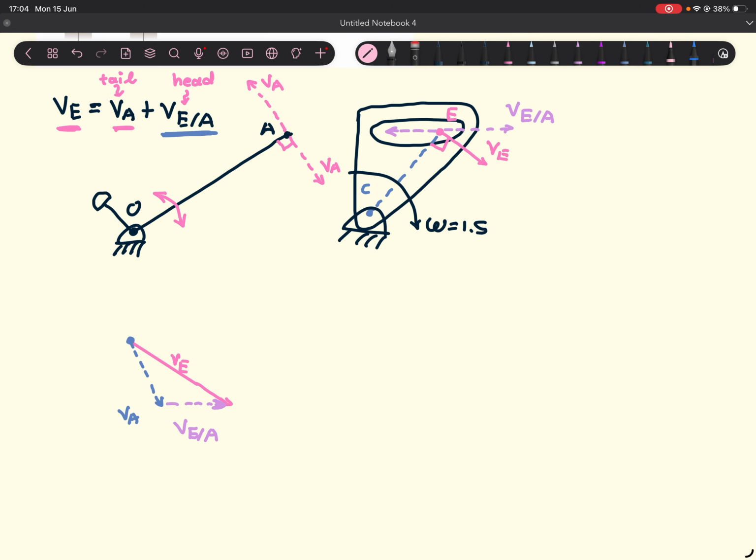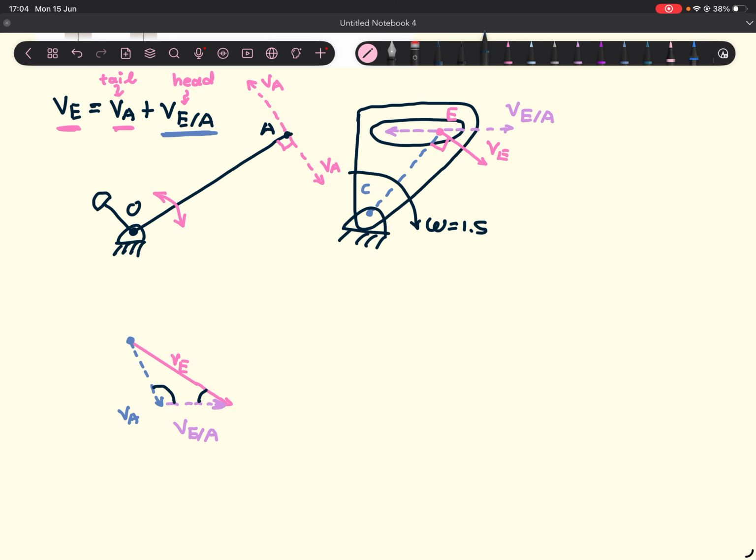And then the next step is finding angles, and we need to first find a vector that is either horizontal or vertical. We have a horizontal vector, which is VE relative to A, and I'm going to draw two angles with the vectors close to it.